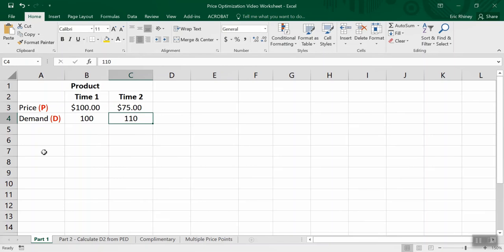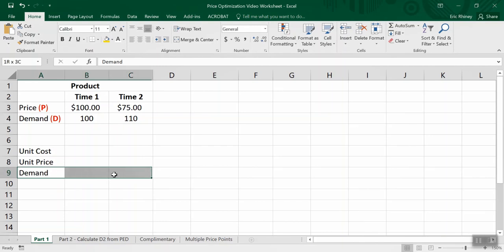We also have to have a cost variable. And then we also have to have demand. And at that point, we can determine what price is. So I'm just going to type in here unit cost and unit price. And we want a demand at that particular price. And then we can anticipate.